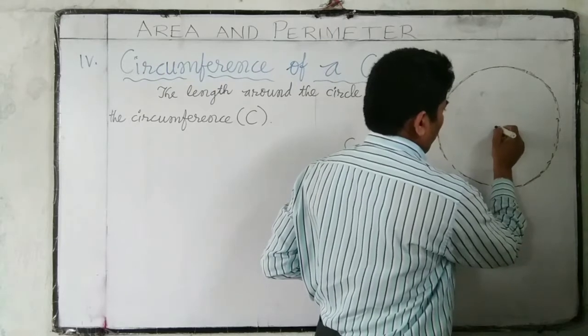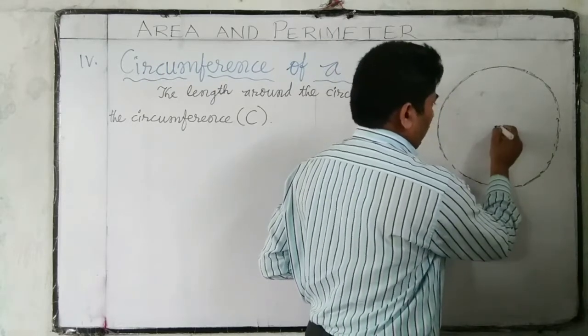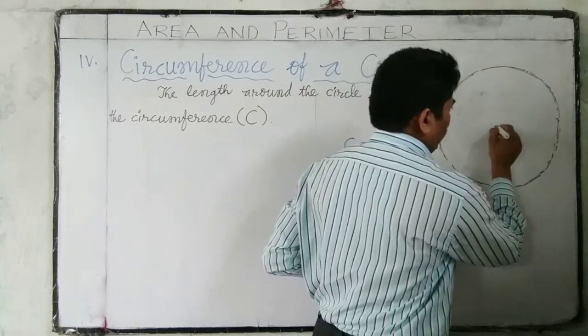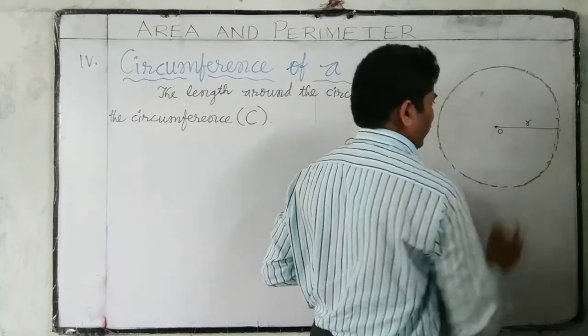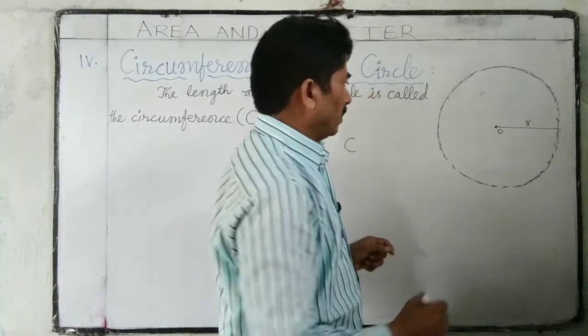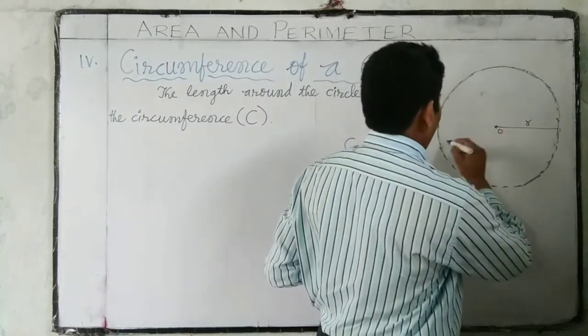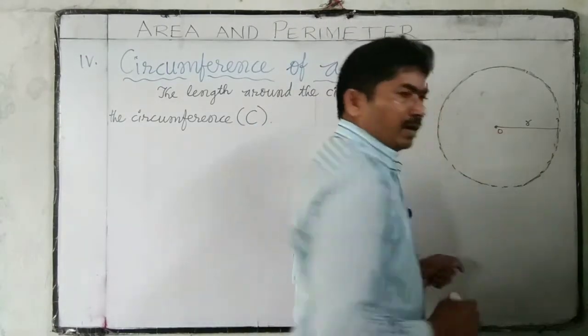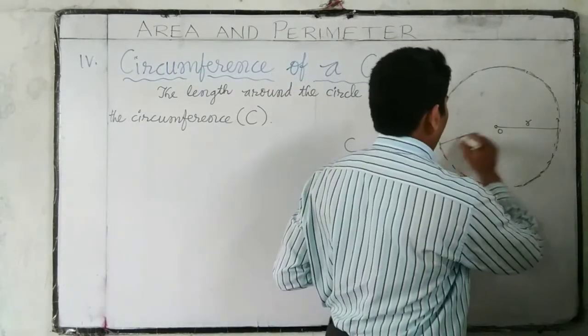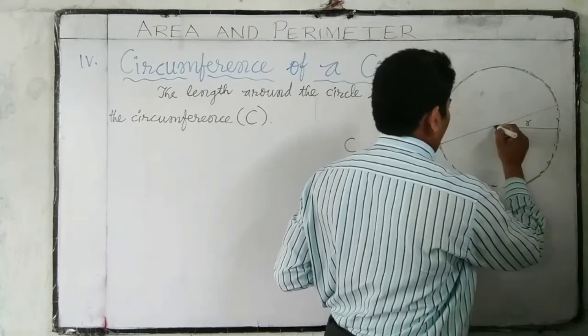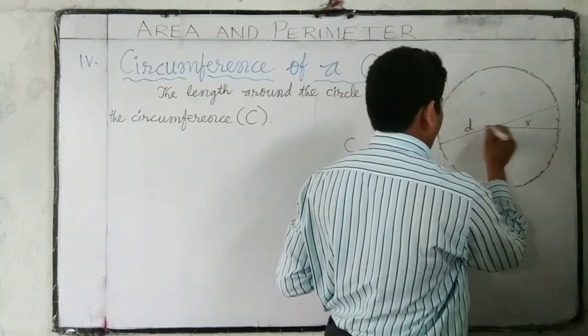Joining a center to any point on the circle is called radius, we know. And the chord which goes through the center is called diameter.